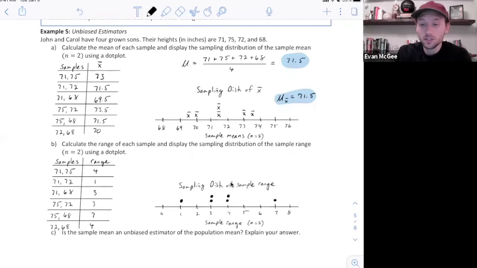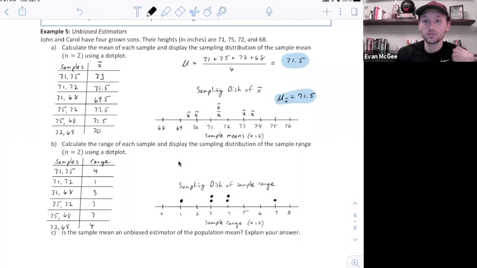Here we have the sampling distribution of the sample ranges. So you can see this dot represents a sample of size 2 that had a range of 1. So that is this sample right here. Now, we can determine if sample range is an unbiased estimator if the mean of this distribution is equal to the parameter of interest. So if it's a sample range, that means we're estimating a population range.